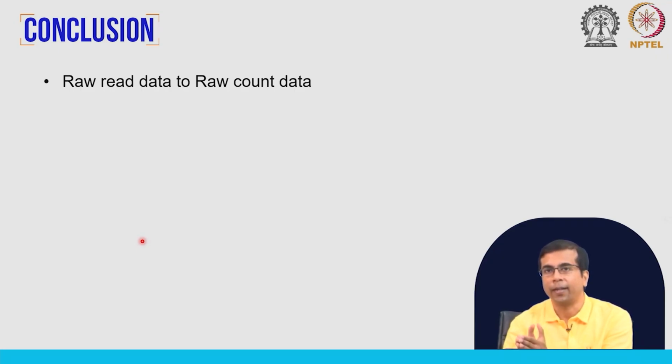That is the idea. We want to measure expression level of genes from the read data that we have got. So, we have proceeded a bit. We have now got the raw count data, and from this we want to go to the actual expression levels of these genes. So, we need to account for a lot of biases along the way.